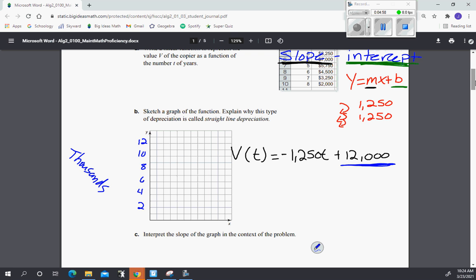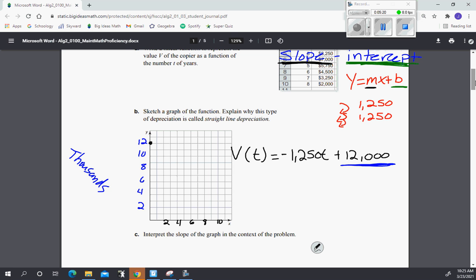Okay. So these are all in thousands. My y-intercept is right at 12,000. Okay, my years are all in one. So 1, 2, 3, 4, 5, 6, 7, 8, 9, 10. Okay, those are my years.